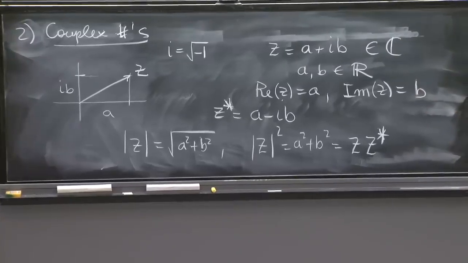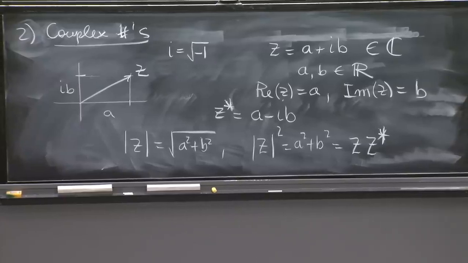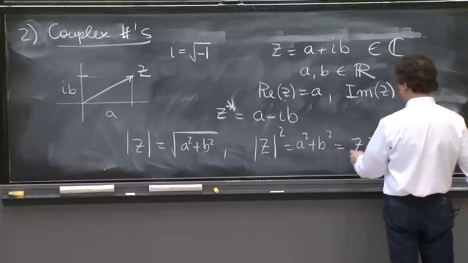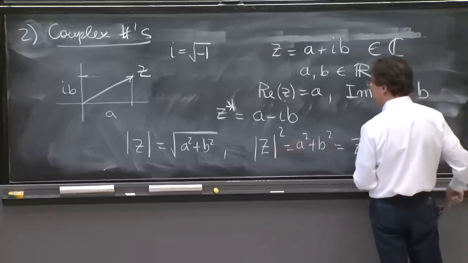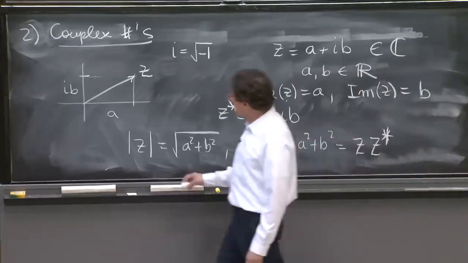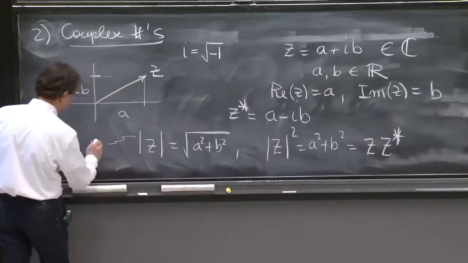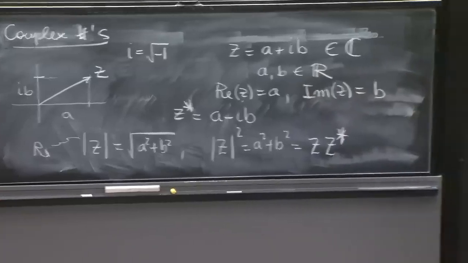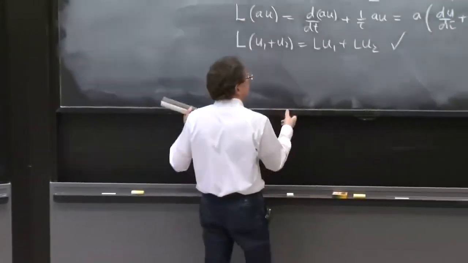If you multiply z times z star, you get a squared plus b squared. So the norm squared, the norm of this thing, is a real number. And that's pretty important.